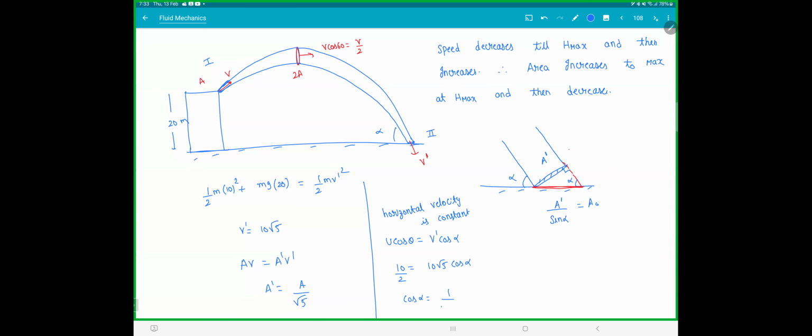So cos alpha is 1 by 2 root 5. So take this and substitute here, you'll get a naught from here. I'll leave the working to you. Numbers are not great. Are you getting the catch? So the main thing is that when you're hitting the floor, the area is a dash, but that is not the area on the floor. This will spread over into a bigger area. All clear with this?